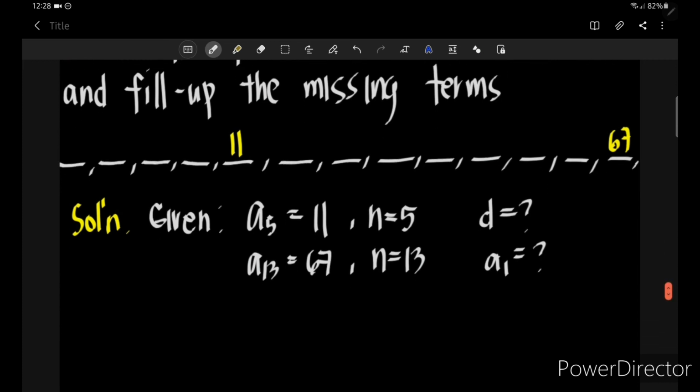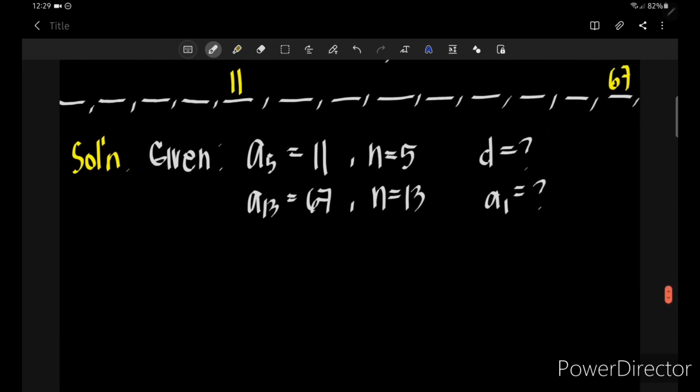Okay. So, ano kaya pwedeng gawin natin dito? Mayroon tayong given a sub 5, a sub 13. So, dalawa yun. Para makakabuo tayo ng dalawang equation. Gawin muna natin by arithmetic sequence formula.